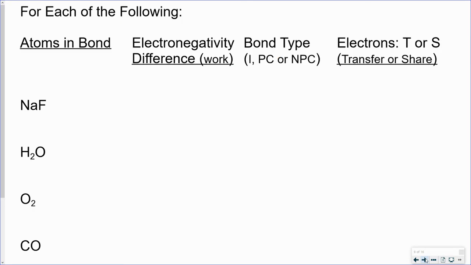So first thing you want to do is work through the difference. This one, I know that the difference is about 3.1. It's going to be ionic. It's ionic also because this is a metal and a non-metal, which means that it's transferring.